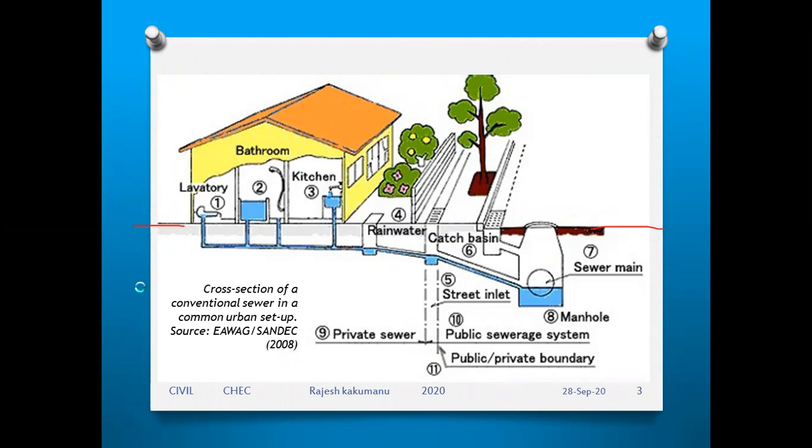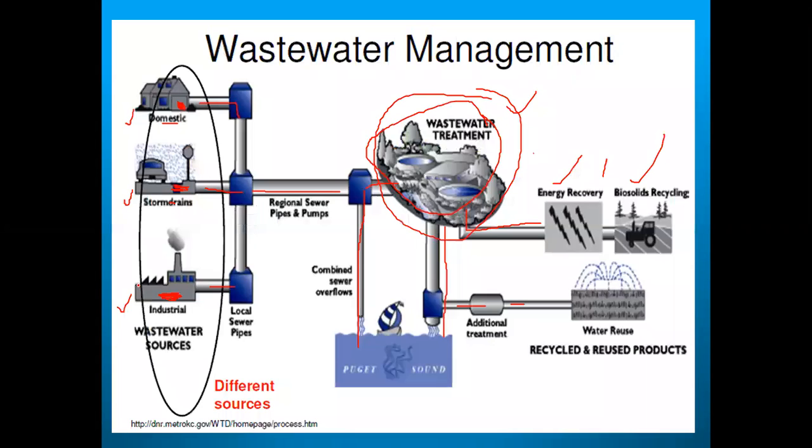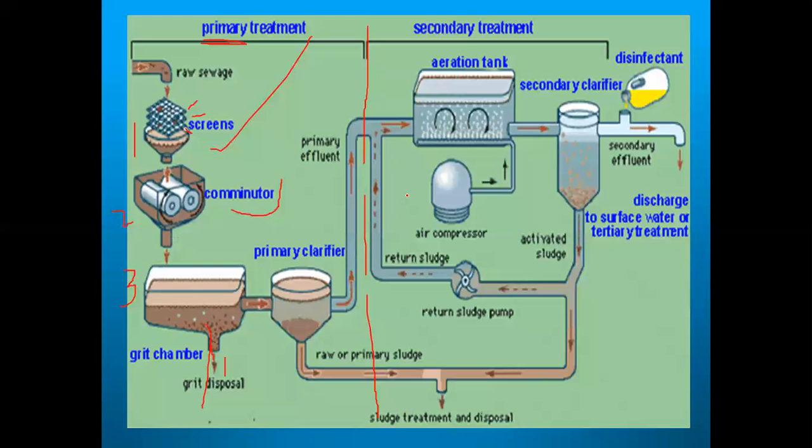This is a wastewater management treatment plant, which you already discussed in unit 1 and unit 2. These are the sewer pipelines, where the wastewater goes and is collected at the treatment plant. This is the process we are discussing in unit 3. The raw sewage, the liquid waste, comes in and falls onto the screens.